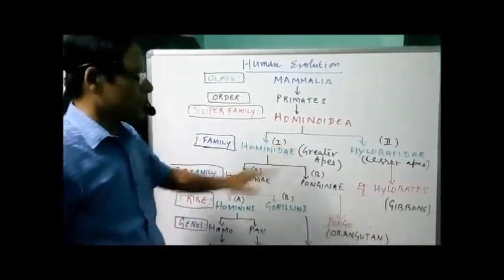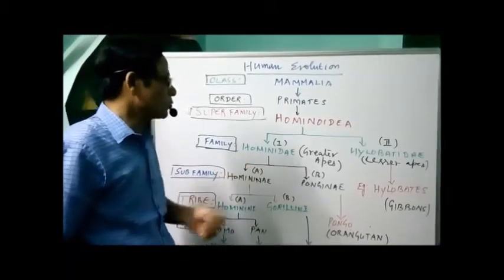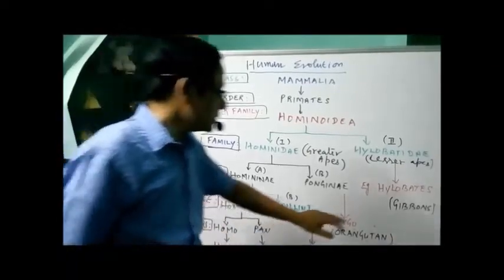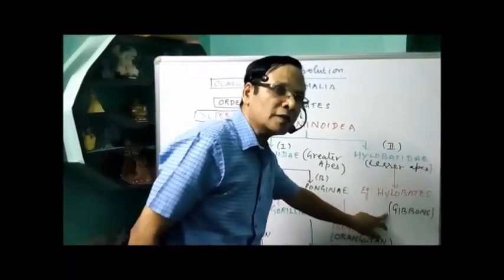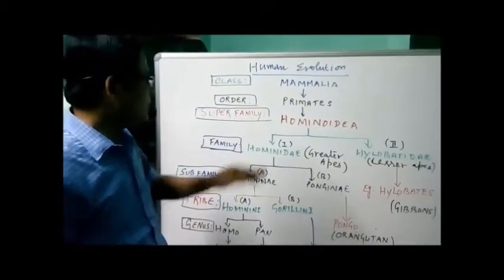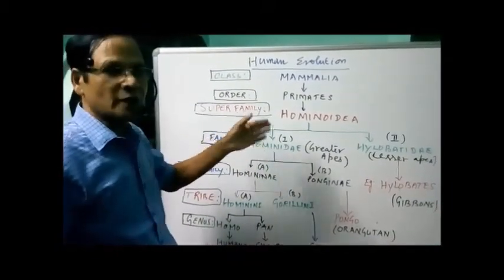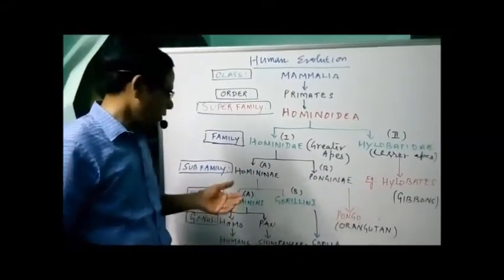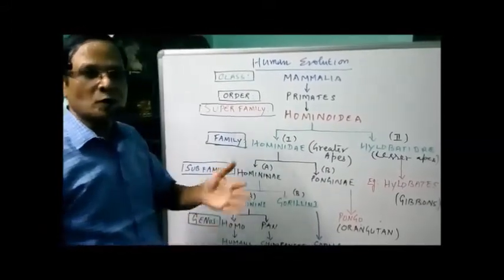The family Hylobatidae includes the gibbons. They are a distant relative of humans. They are not among the great apes, which include the gorillas, chimpanzees and also orangutans.